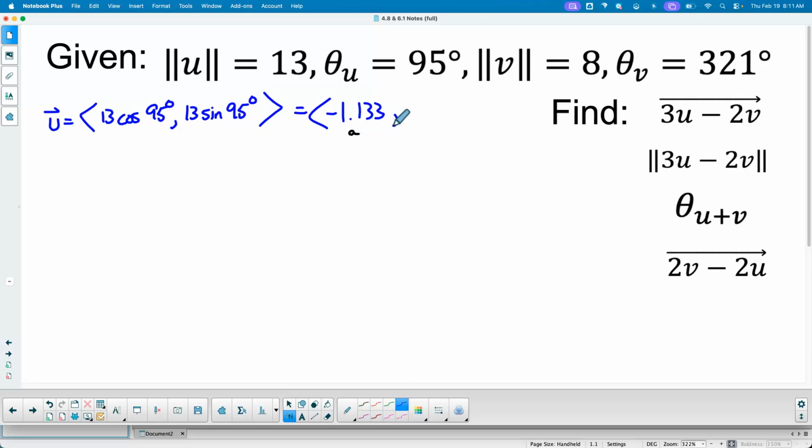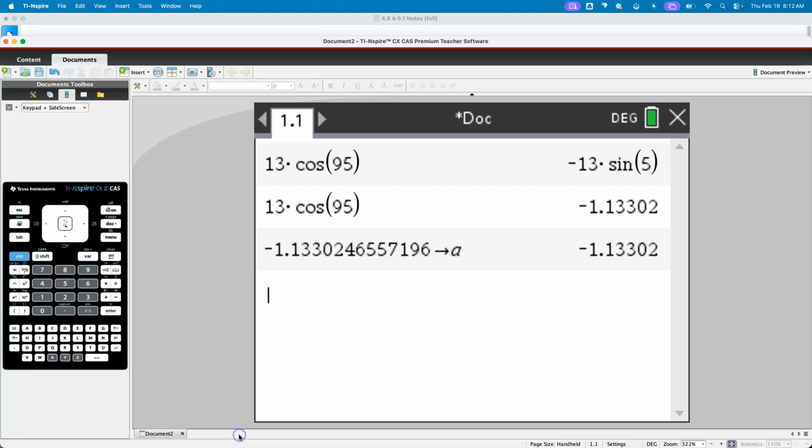Then I'm going to do 13 sine of 95. That's going to be 12.951. And again, I'm going to store that, control var. This time I've got to pick a different one.